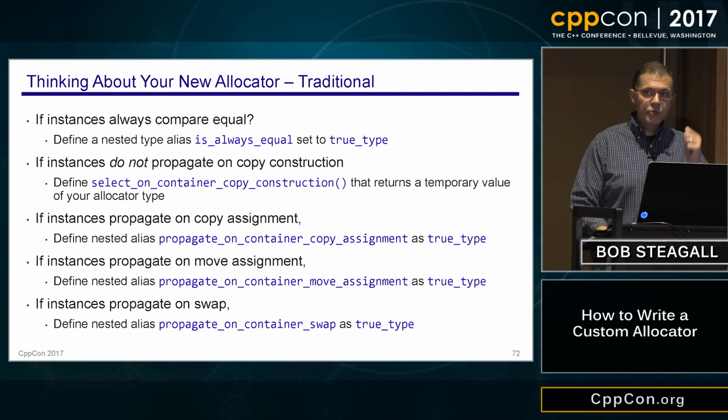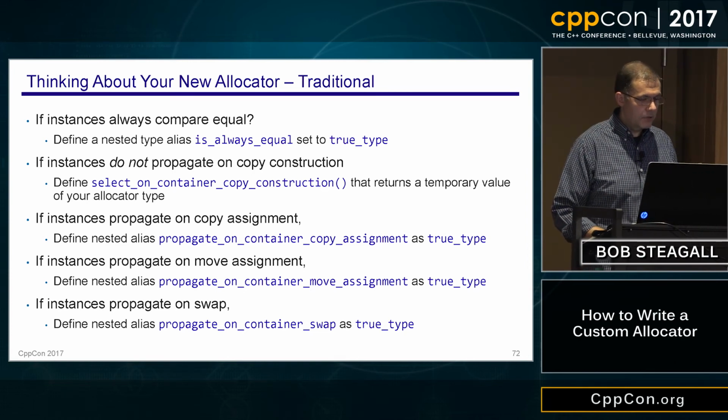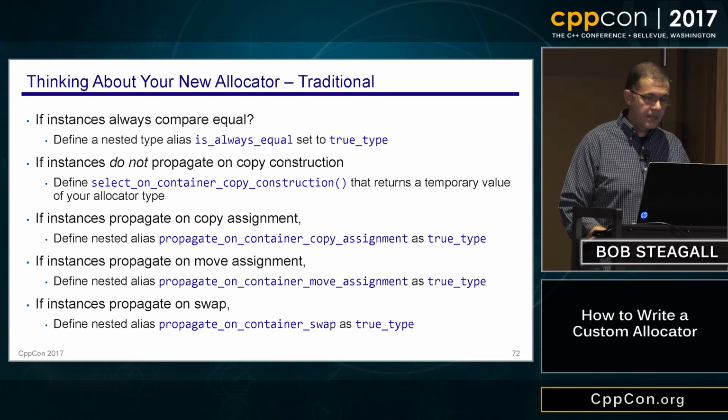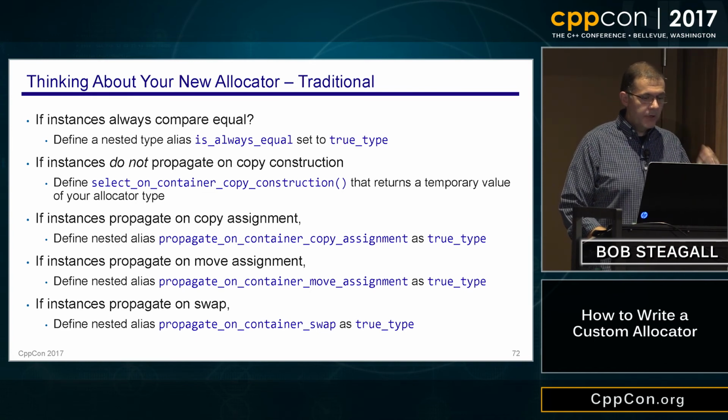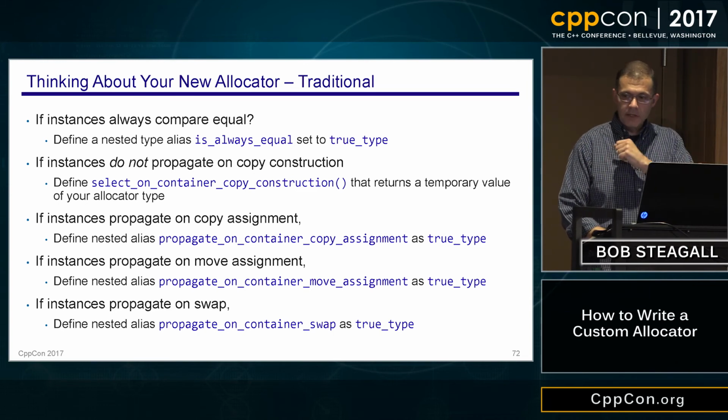If the instances do not propagate on copy construction, define a select on copy construction member function as part of your allocator that returns a temporary value. That temporary value is what will be propagated into the container's allocator. If you want your instances to propagate on copy assignment, then define the nested type alias as true type. Same thing for move assignment, and the same thing for swap.